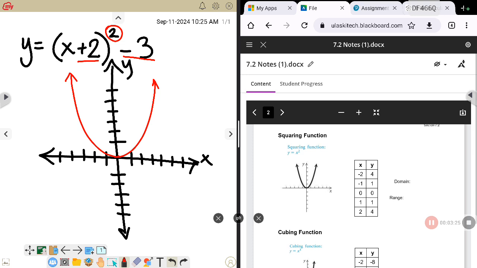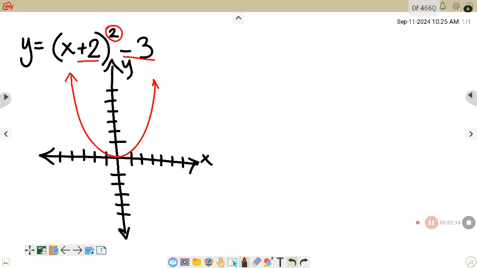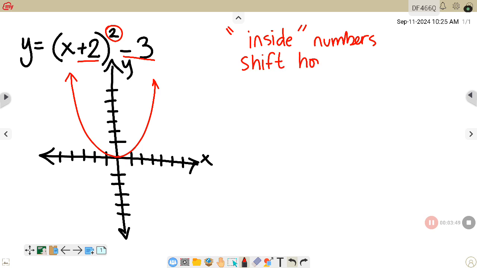The numbers that are inside, I like to call them inside numbers. So let's look at what the inside numbers do. Inside numbers, in other words, if you are inside parentheses or inside a square root or inside an absolute value symbol, that's what makes you an inside number.